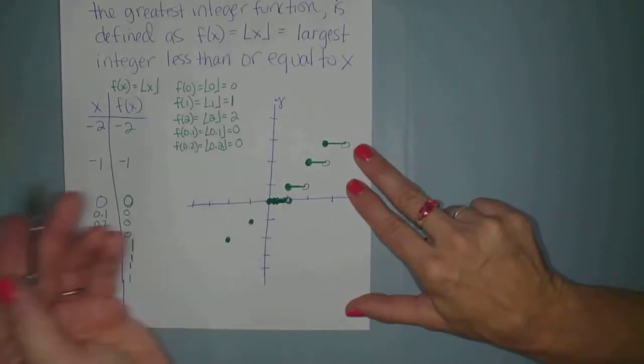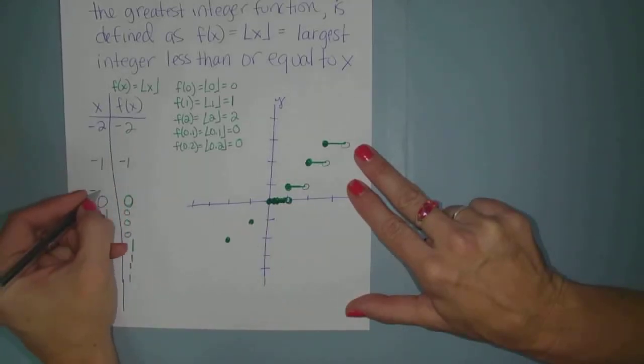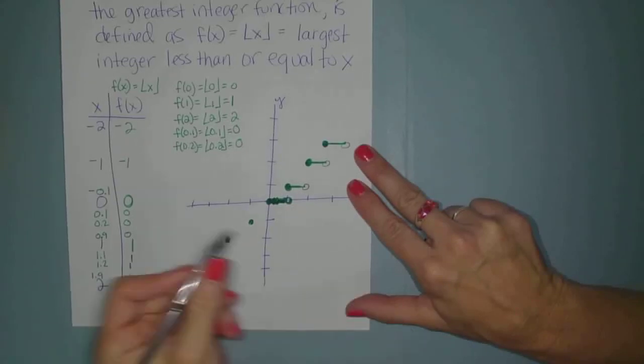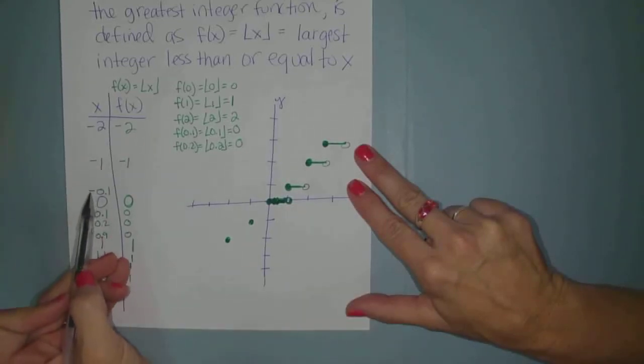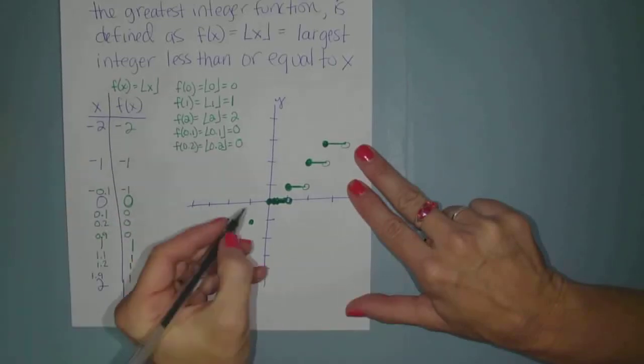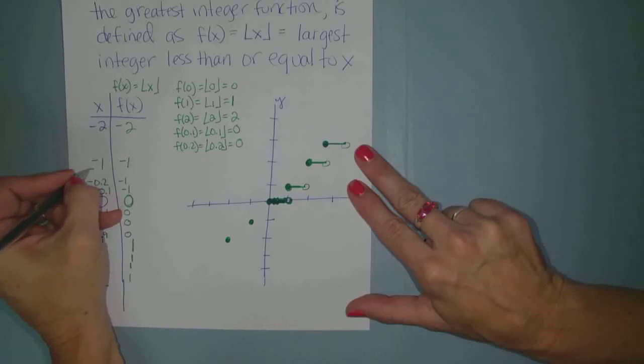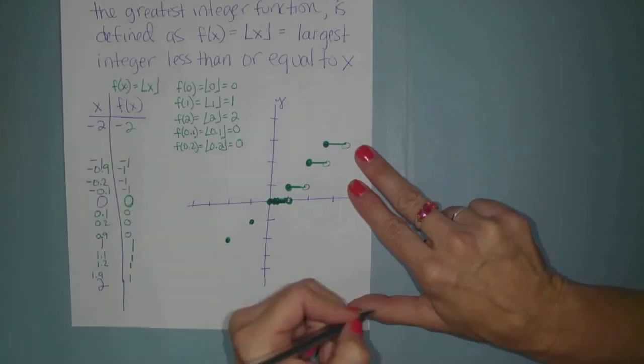And as I'm going through here, if I go between -1 and 0, like if I say -0.1, the largest integer less than this keeps me at -1. I have to bump back to -1. And -0.2 is -1. Even -0.9 is -1.